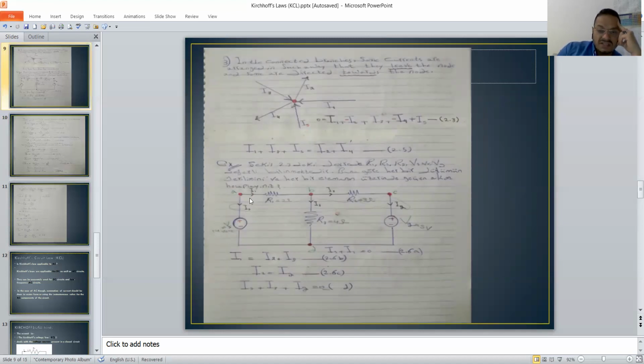I1 deals with voltage VAB, the potential difference between two points. That means I1 equals VAB divided by R1, which equals VA minus VB divided by R1. Let's go to I2. I2 deals with the potential difference VBC, so I2 equals VBC divided by R2.